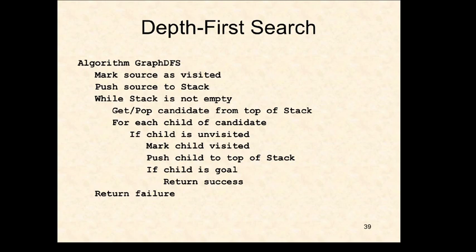Then I pop all the way back down to the second thing I added. Can't go anywhere from there because it's already been added. Then I pop the first thing, and I go, oh, look, the goal was sitting on this stack for a long time. So it's more efficient if we check when we put it on. If we check when we take it off, it'll still work and still give us a valid answer. It just might take longer than it needs to.